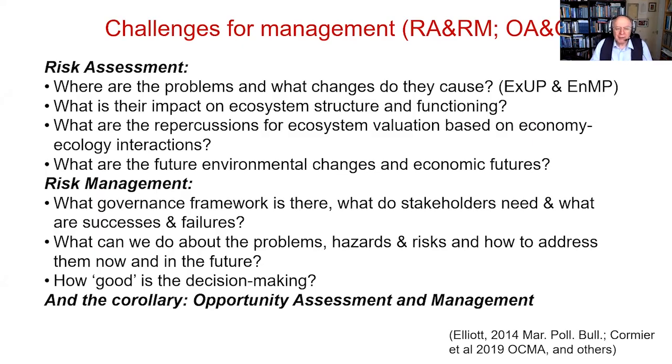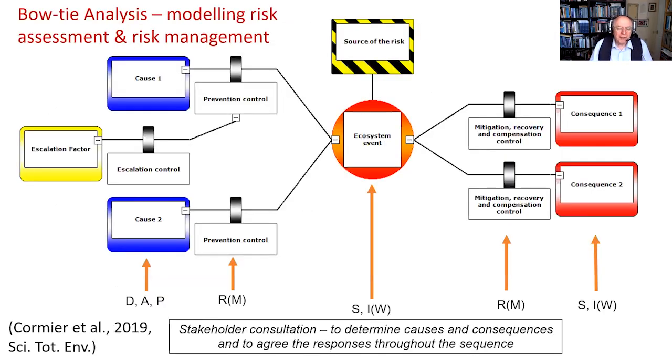You know, how to get your company or the environment to do what you want it to and do it sustainably. So for a while now, we've been using a technique which is borrowed from industry. Industry have been using this technique for a long time to look at these problems. And this is called a bow tie analysis.